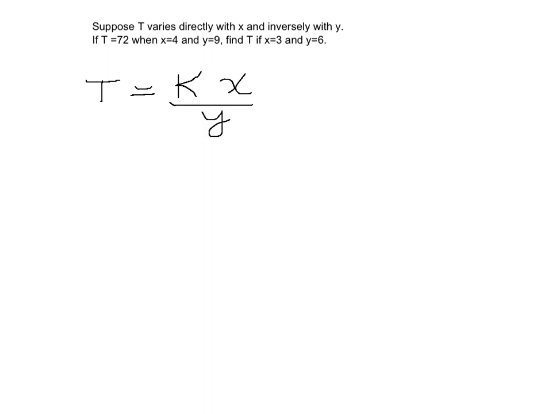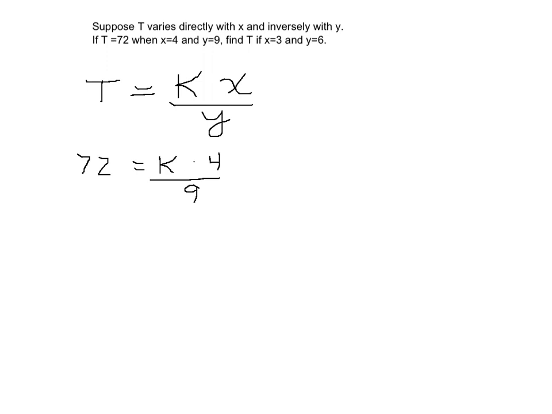Okay, so what we need to do first in all of these problems is find out what the constant is. And we're given information right here that will enable us to do that. We're told that T is 72 when X is equal to 4 and Y is equal to 9. And so what I need to do now is figure out what K is.